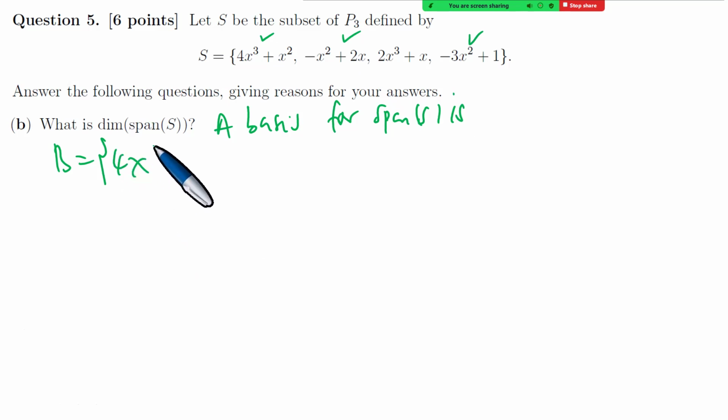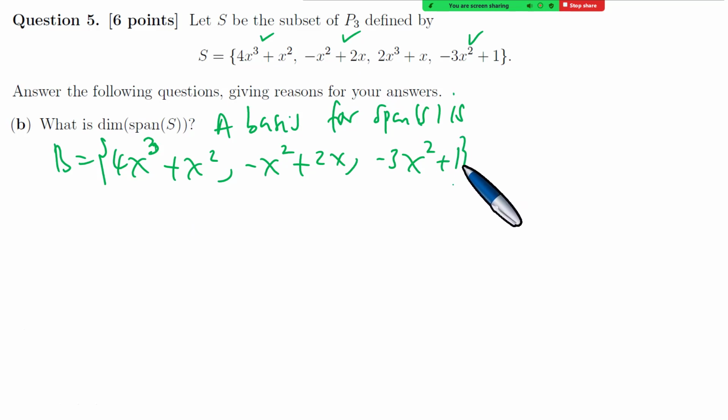The dimension obviously depends on the basis. So we have 4x cubed together with x squared, and then minus x squared together with 2x, and then minus 3x squared, the last one.